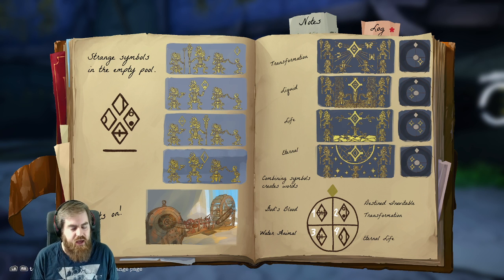Is that what you mean? So like, I'm supposed to place... hold on. Liquid appears 1, 2. Liquid appears twice. What about the other ones? Eternal appears 3 times.